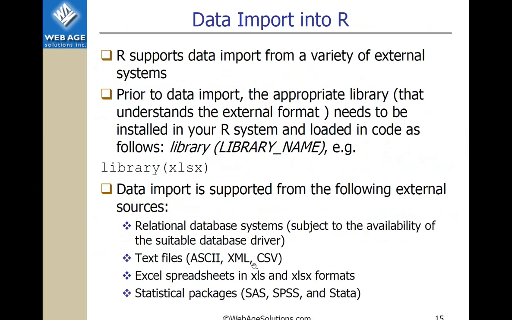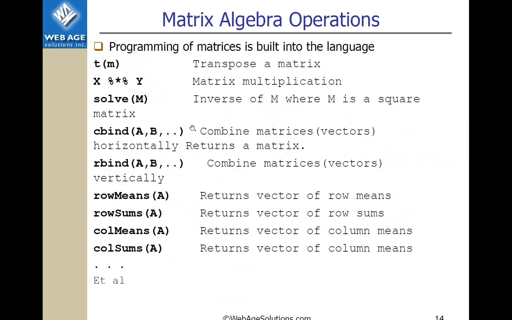There is no such limit in R, meaning that you can take multiple Excel spreadsheets and use something like the rbind operation to bind them together so that you've got a multi-million row data set, as long as you can get it into the memory.